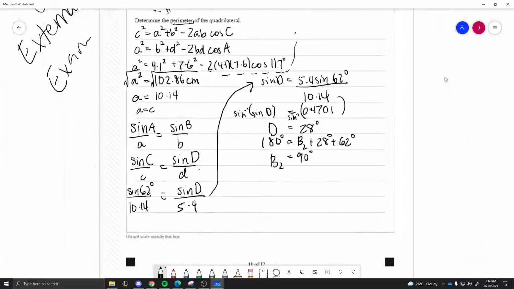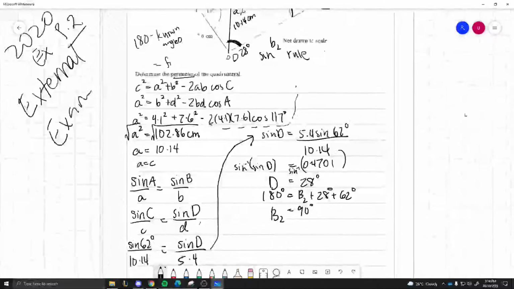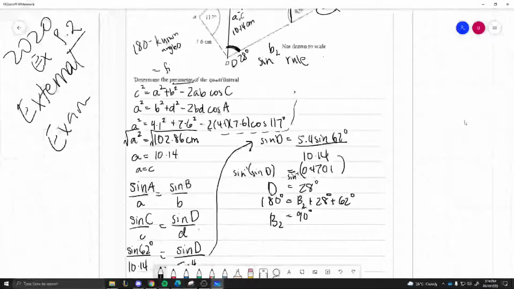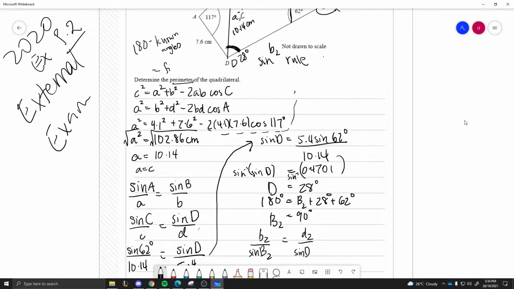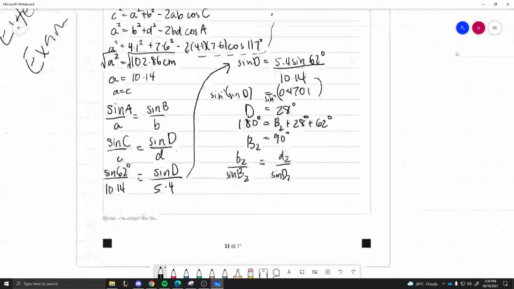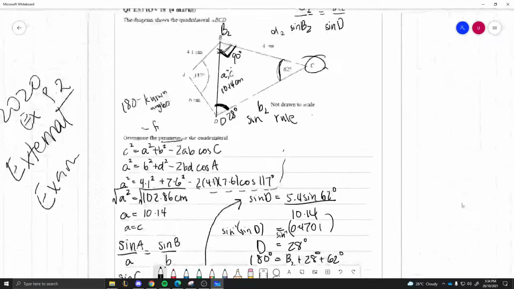Okay, so now we have 90 degrees. We can use what we wrote up here: b2 over sine B2 is equal to d2 over sine D2. Sub in our angles. Our b2 is going to be our unknown.